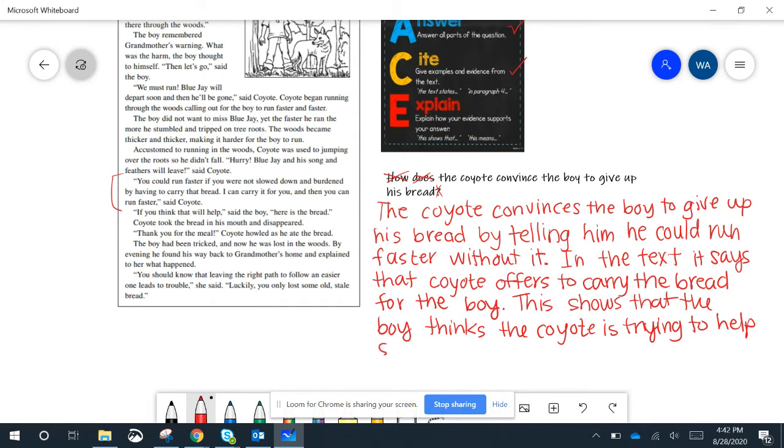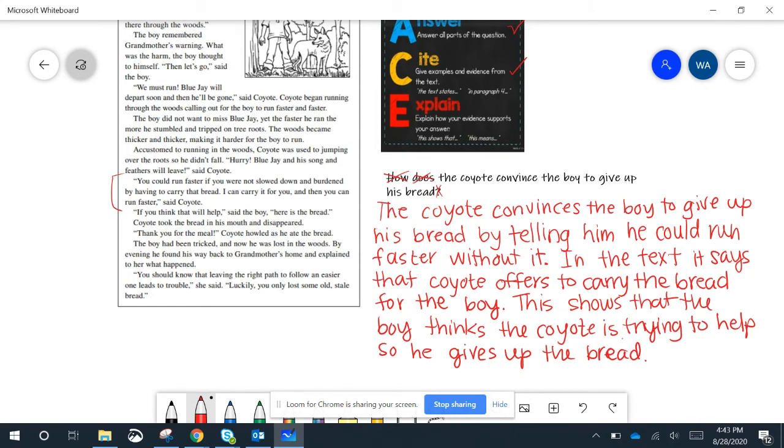So he gives up the bread. Oh my goodness. Make sure we have erasers so we can always fix our mistakes.